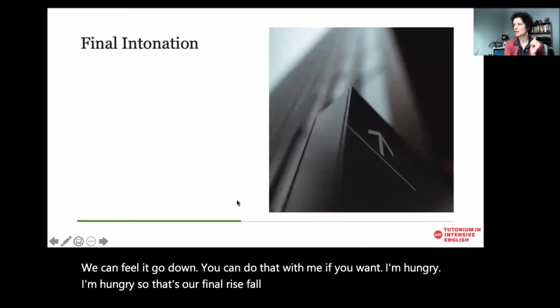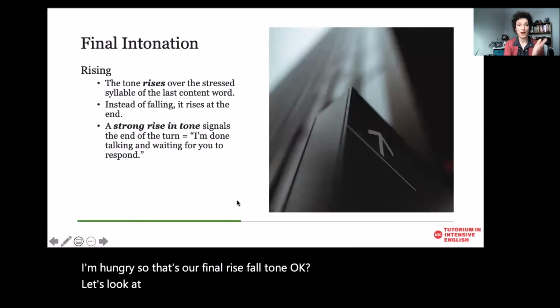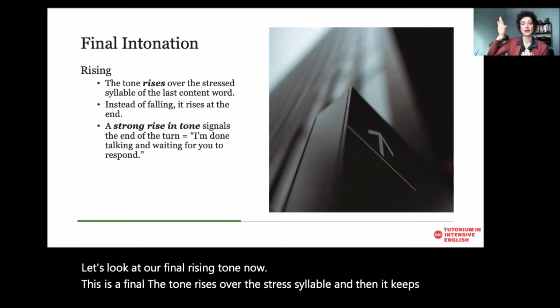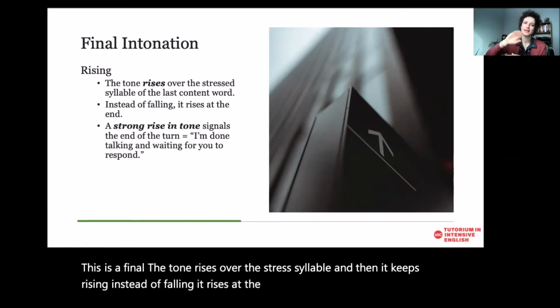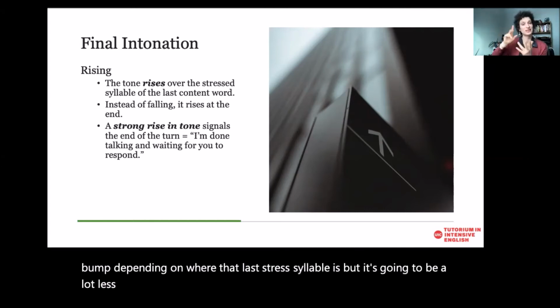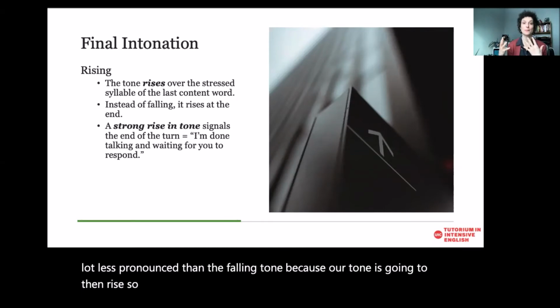Okay. Let's look at our final rising tone. Now, with this final tone, the tone rises over the stressed syllable and then it keeps rising. Instead of falling, it rises at the end. So we might still have a little bump depending on where that last stressed syllable is, but it's going to be a lot less pronounced than the falling tone, because our tone is then going to rise.